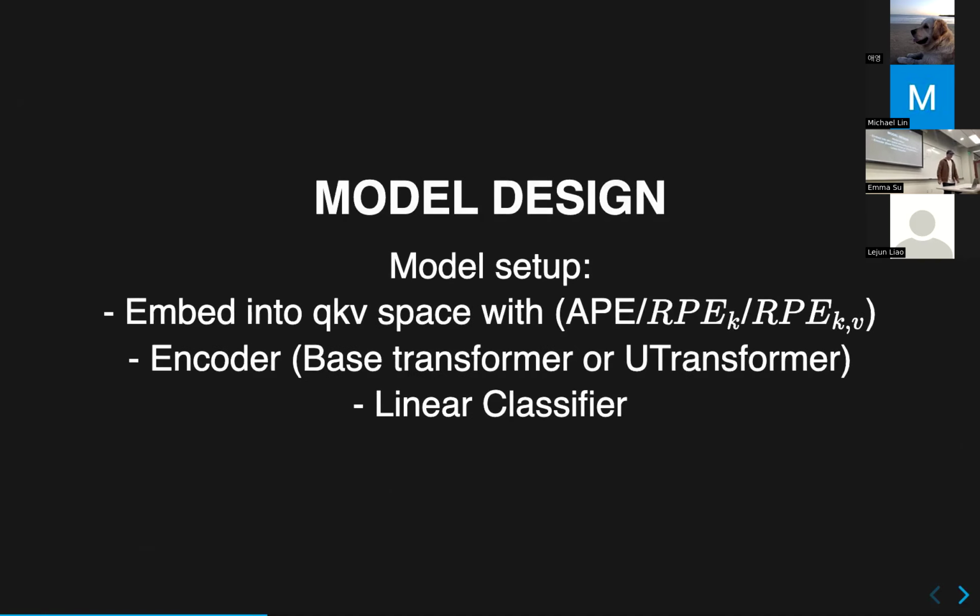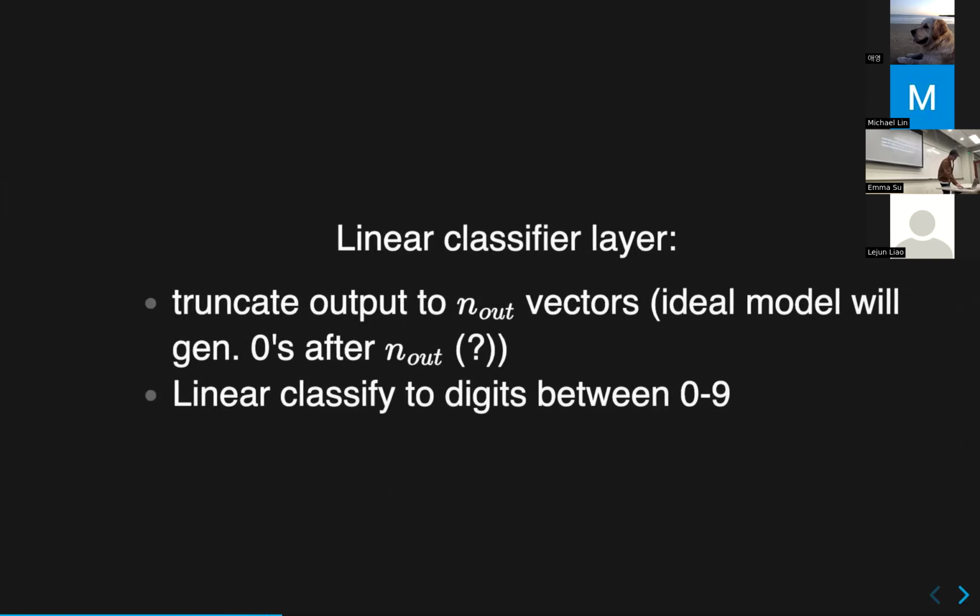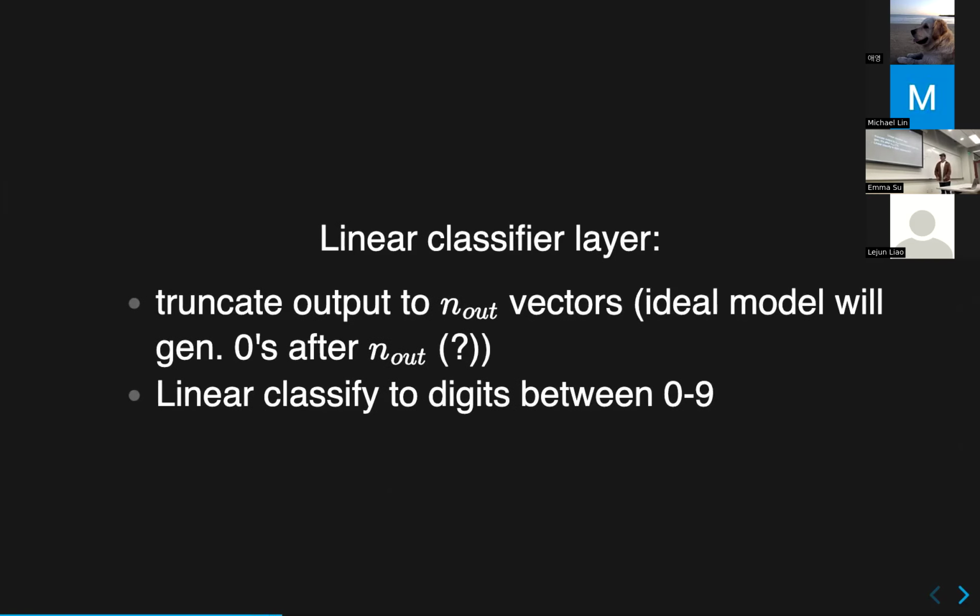Okay, and then in their setup, they do these 3 steps. They embed into the model space with one of the 3 positional encoding schemes. Then they use an encoder-only model, and then they linearly classify to determine the actual digit outputted. Getting a little deeper into the linear classifier layer, they only use the encoder, right? So they'll have an output of vectors in the model space, and then they truncate that output to n out, which can be determined by whatever operation you're doing.